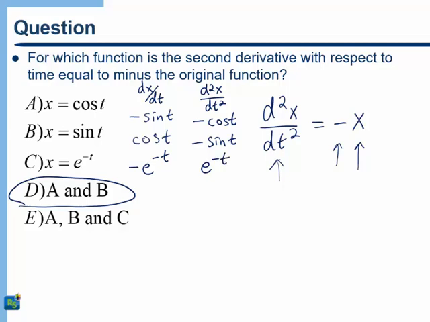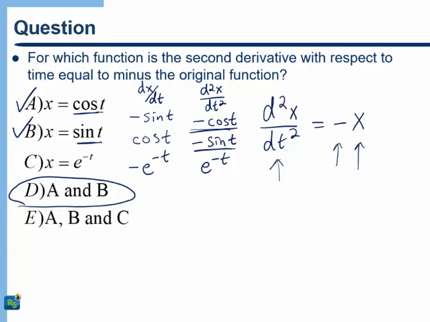What I want you to notice is, remember, we're looking for a function that when we take the derivative twice, we end up with negative the original function. So notice here we have cosine t. When we take the derivative twice, we have negative cosine t. So that one definitely works. We start here with sine t, take the derivative twice, we get negative sine t, so we got negative the original function.